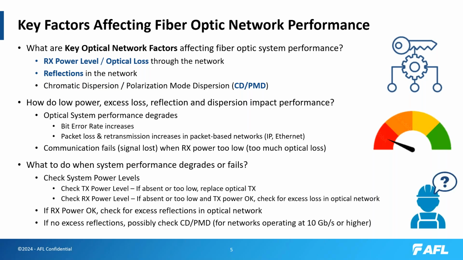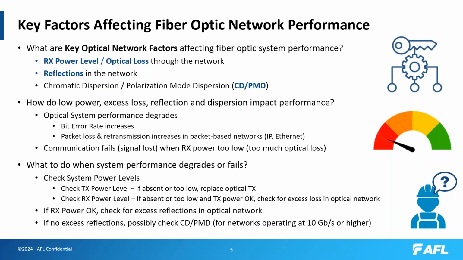So what to do when system performance degrades or fails? First thing would be check your system power levels. Is your transmitter putting out an appropriate level? If it's absent or too low, replace the optical transmitter. If the receive power level is too low, but your transmitter is putting out adequate power, then there must be excess loss in your optical network.